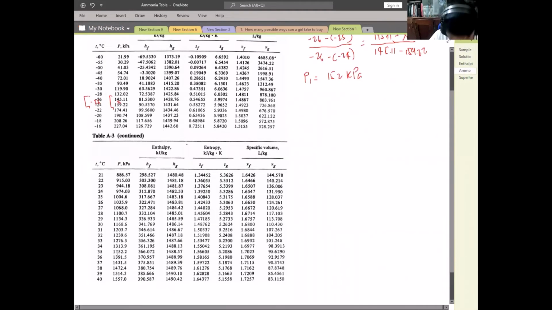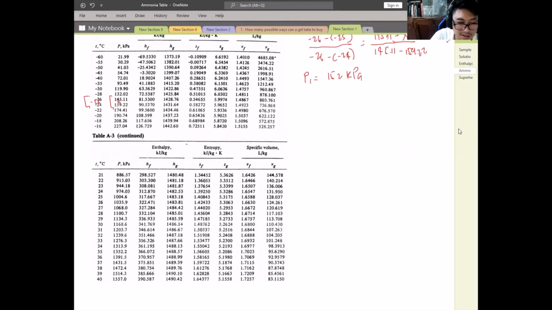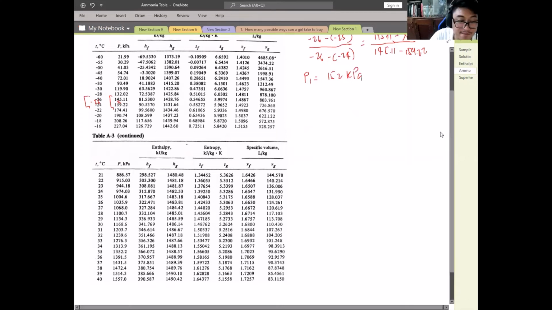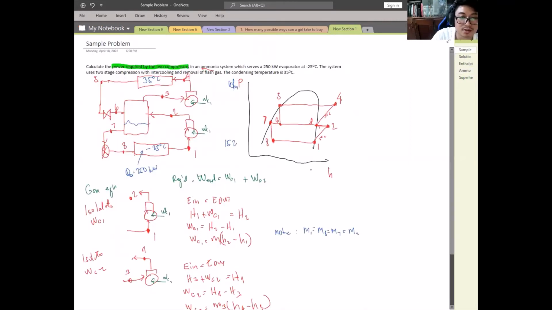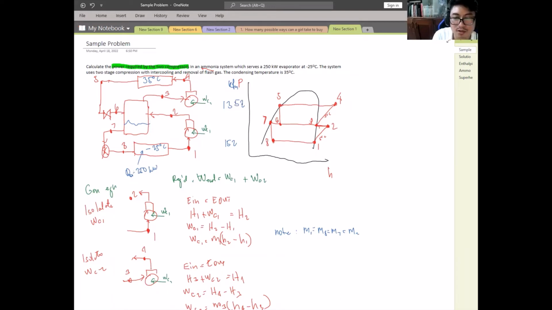That is 1352 kPa. Okay, or round off na lang 135.2 since kPa naman, negligible na yung 0.2. So for the pressure 2, makukuha natin si pressure 2.